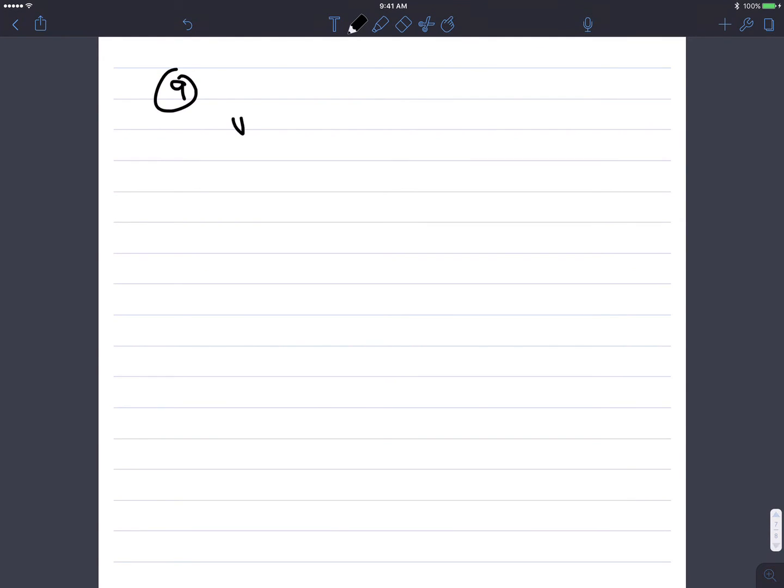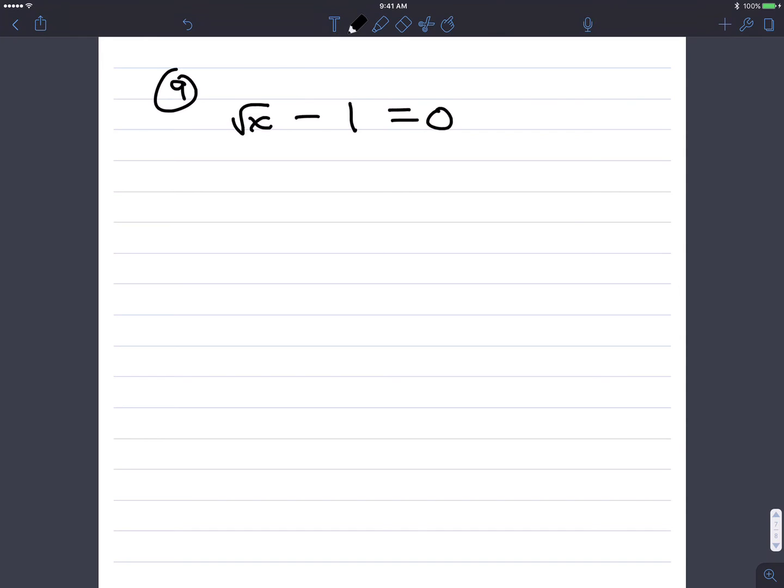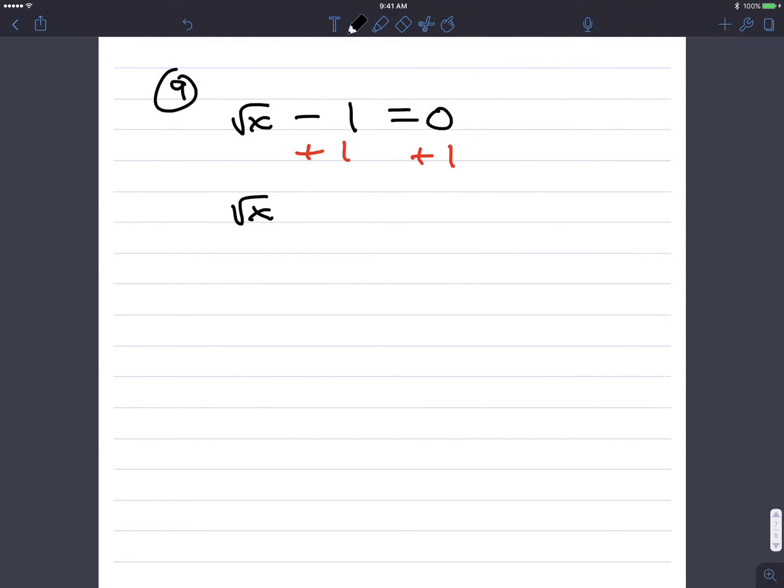Question 9. The square root of x minus 1 is 0. We don't have it in this square root of x equals m format yet, but we will by adding 1 to both sides. And we get the square root of x is positive 1.